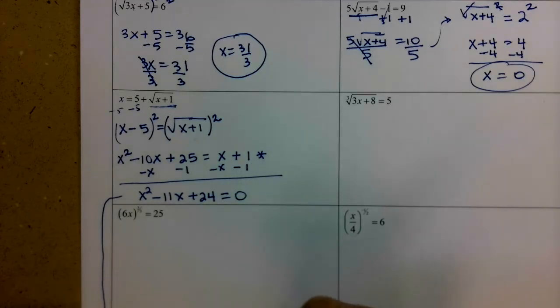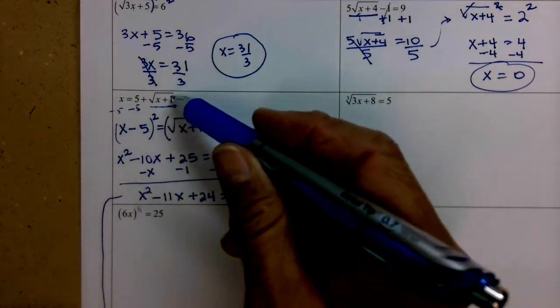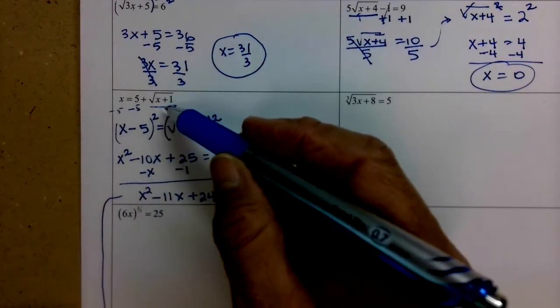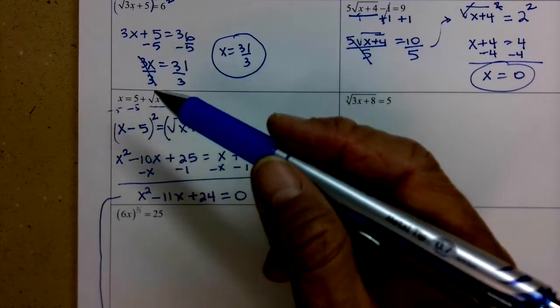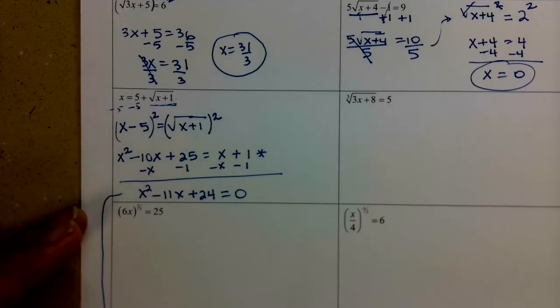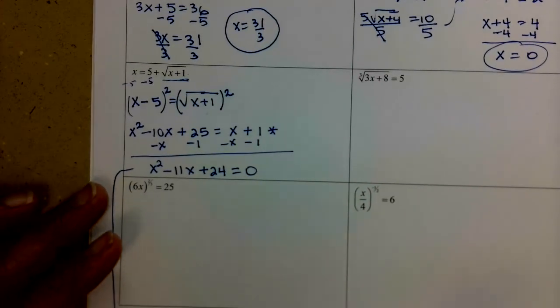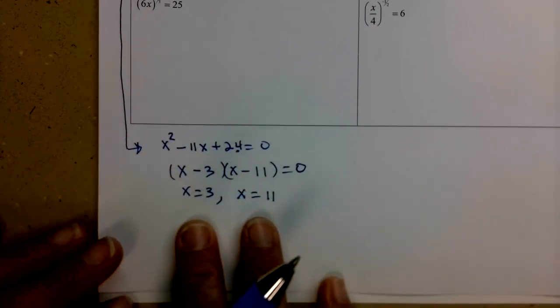But they may or may not work in the original, because they might lead us to have this radical be a negative number. It's kind of like the non-principal square root, the negative one, but we don't actually get that because we can only get the principal root. Anyway, we're just going to check both of these answers in the original and see if they both work.